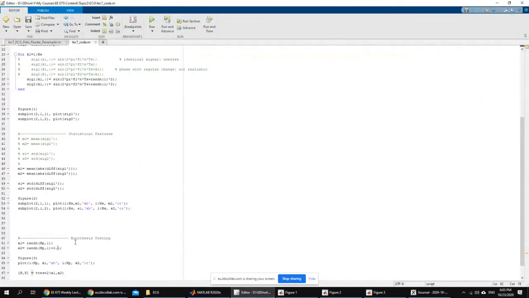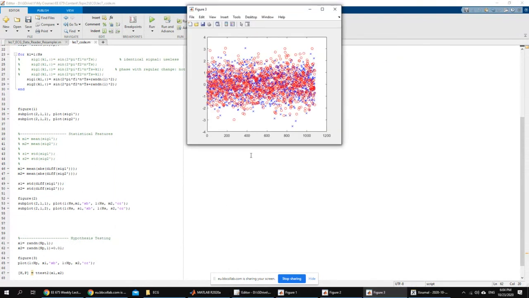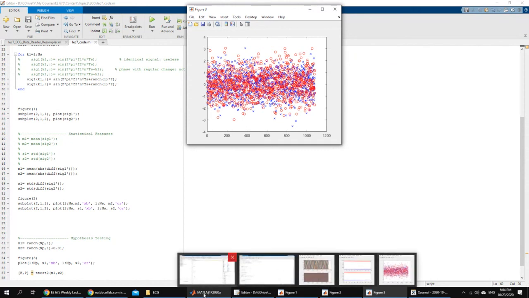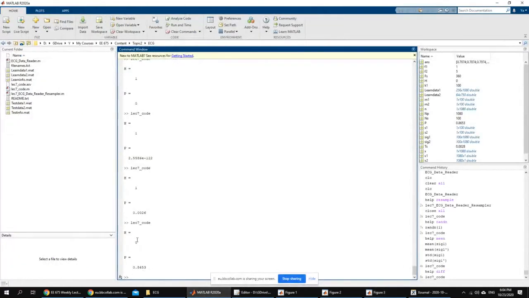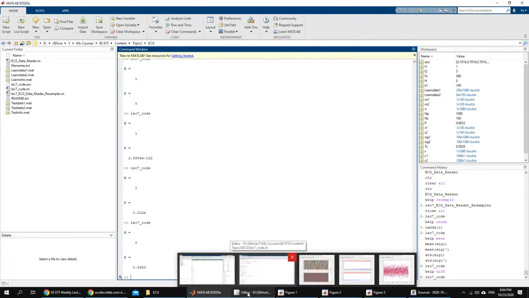Let's go back and make it a little bit smaller and see. Now it's almost like the first case. When the means became too close together, it was not able to detect that mean difference between the two cases.